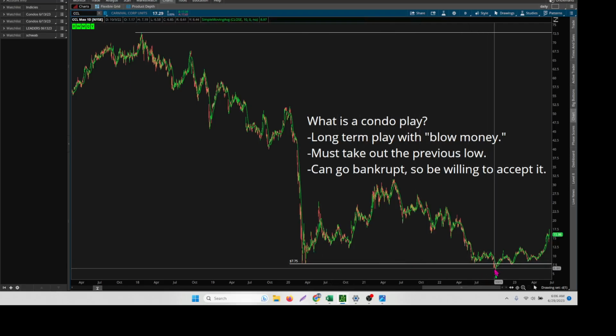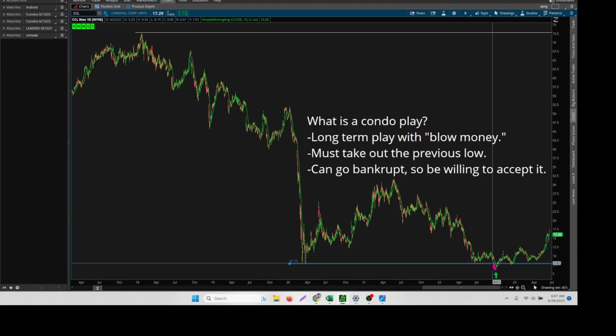So when this thing took out a low here, let's just say you built a condo here at 775, and this area right here went against you for a little bit, down to $6.03. But if you're patient and you set an alert right here, you're just letting price tell you when it's set a new low.